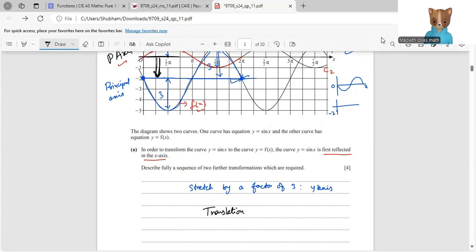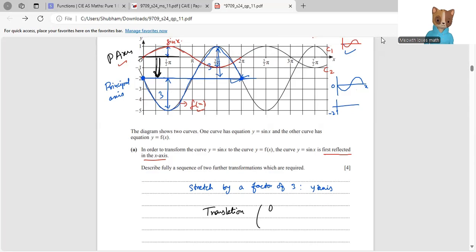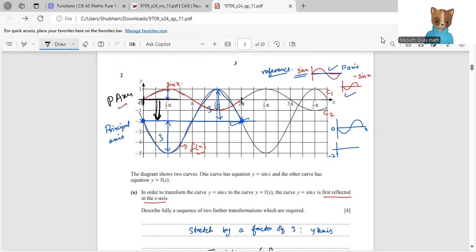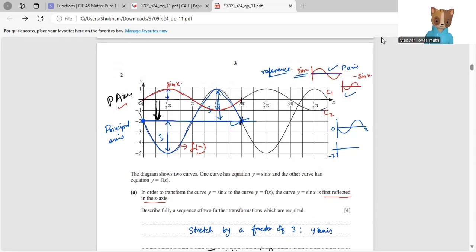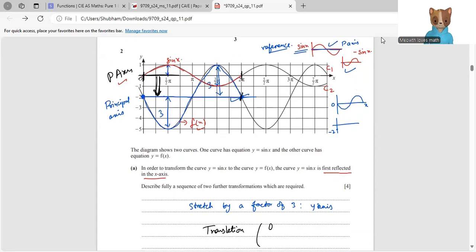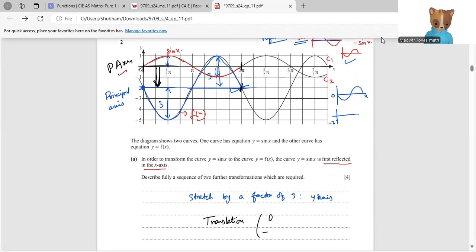It is a translation by a vector. X is not changing. It is going from 0 to 2 pi, and the new blue graph is also going from 0 to 2 pi. You can clearly see there is one wave in the red color and the blue color, and we are referring to the blue one. So x is not changing, y is going down by 2 units. So these are my transformations, 2 marks and 2 minutes. I hope you understood the concept.